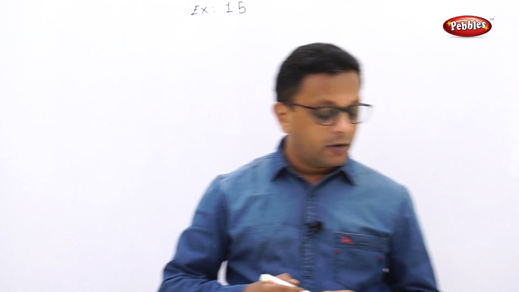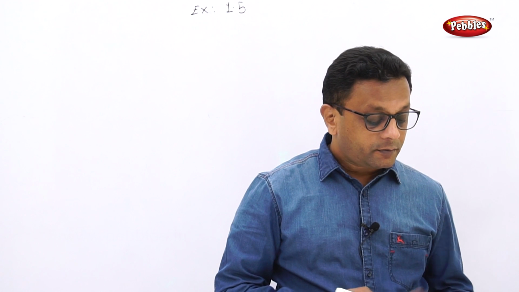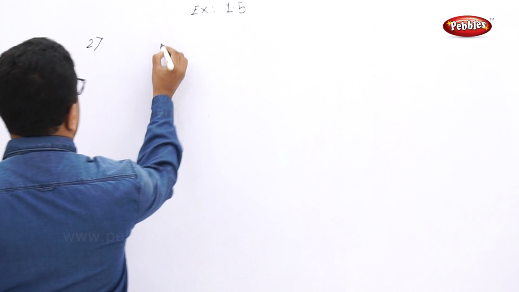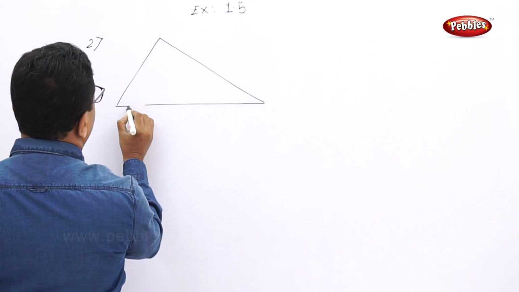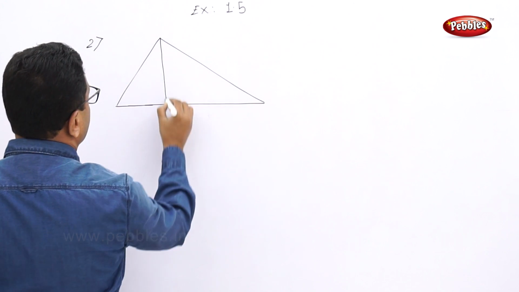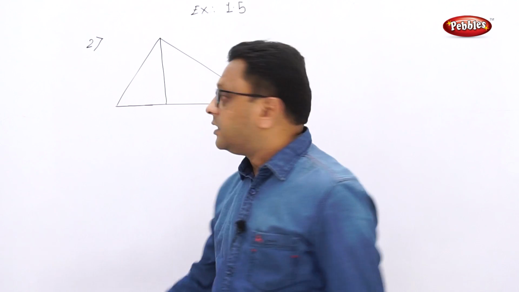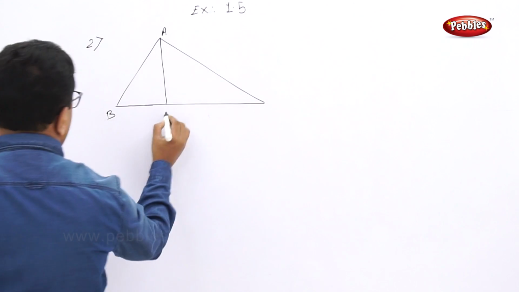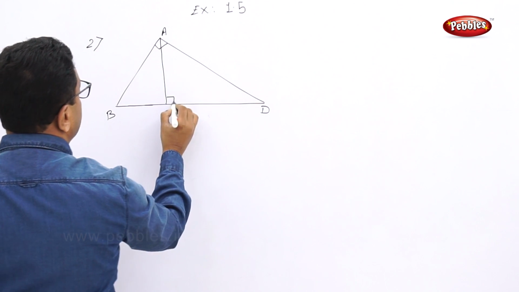Let us go ahead to the second example. The figure is given. In this figure, A, B, C and D, this is a right angle and this is a right angle.